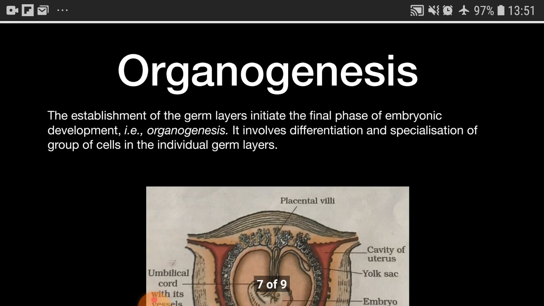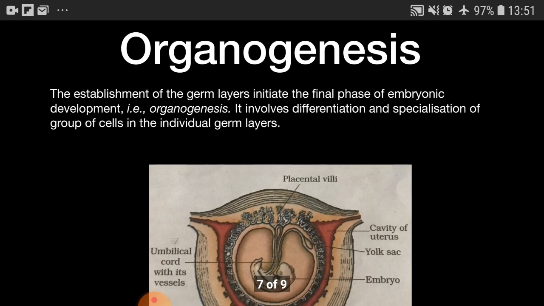Next we come down to organogenesis. Organogenesis is not in detail in your syllabus. So we talk about organogenesis as the establishment of germ layers, which initiates the final phase of embryonic development. It involves differentiation and specialization of groups of cells in the individual germ layers.